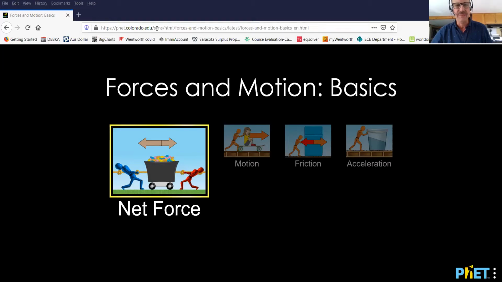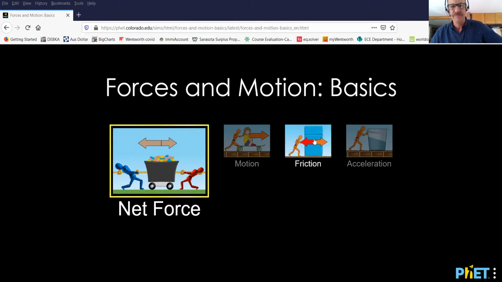Up here, you can see the URL that I want you to go to. Just type that in: colorado.edu/sims/html/forces-and-motion-basics/latest/forces-and-motion-basics_en.html. If you can't see that, but I think that you can.